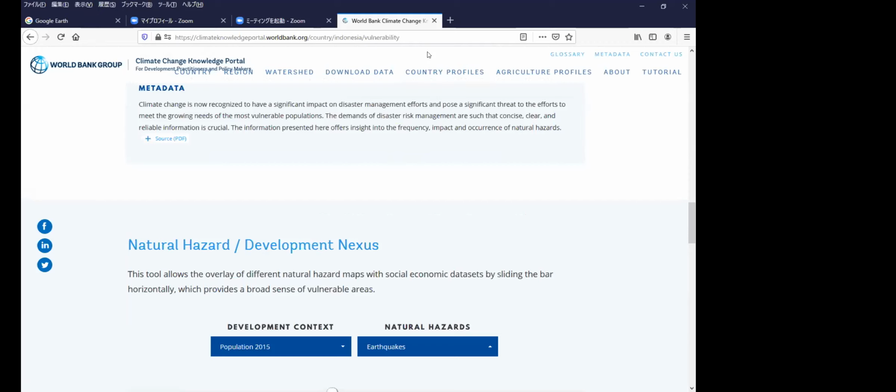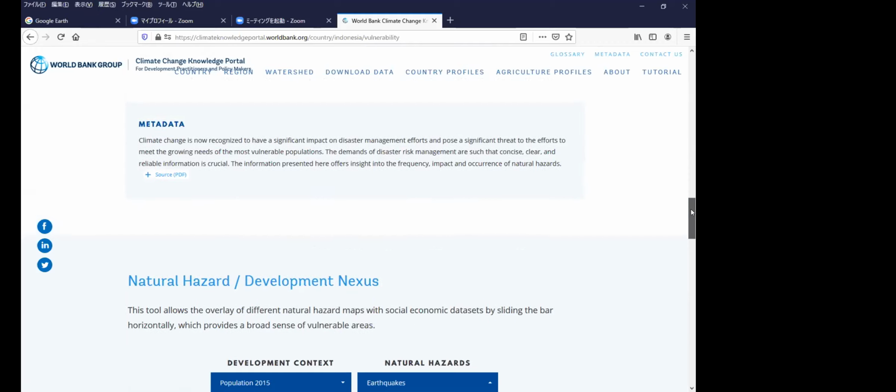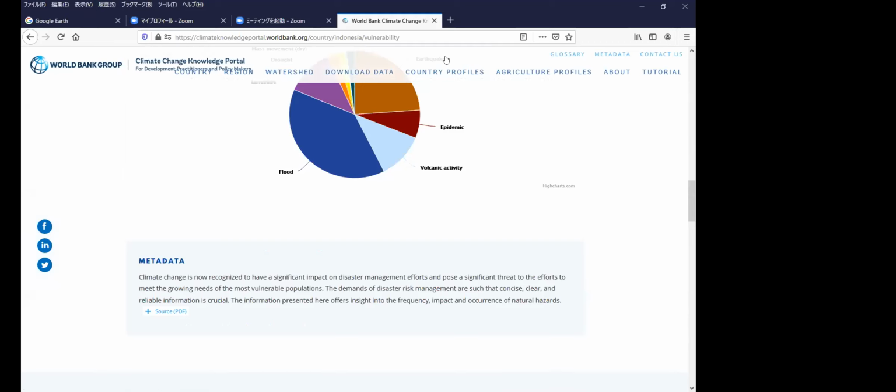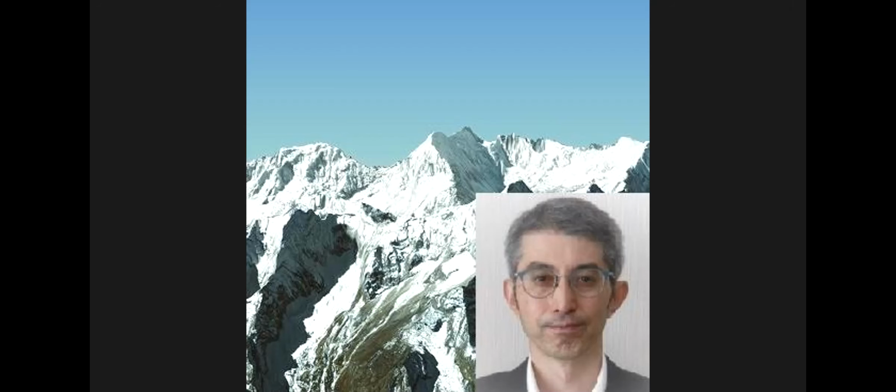Okay, so this is how to know the population density from the World Bank database. So I come back to the PDF slide.